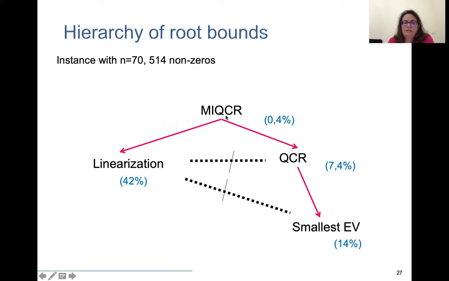And you can see here that with linearization, you have a 42% gap at the root node. With the smallest eigenvalue, you have a 40% gap. With QCR, you have about a 7% gap, and the gap from the improved version of QCR is less than 1%.